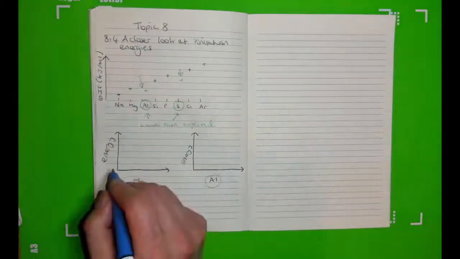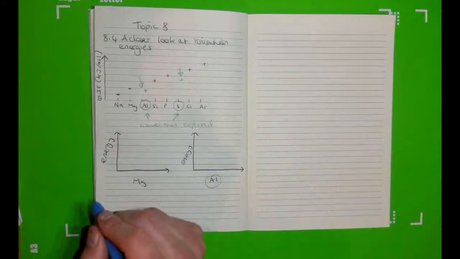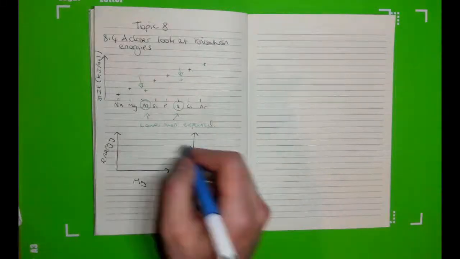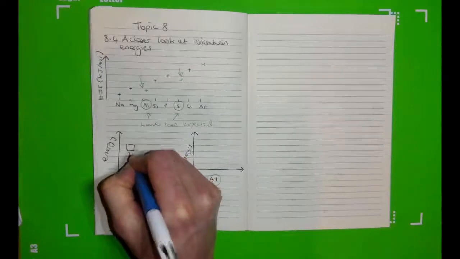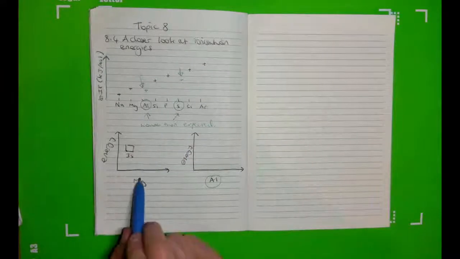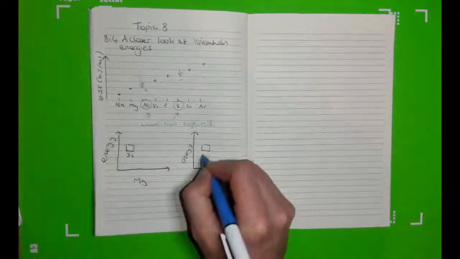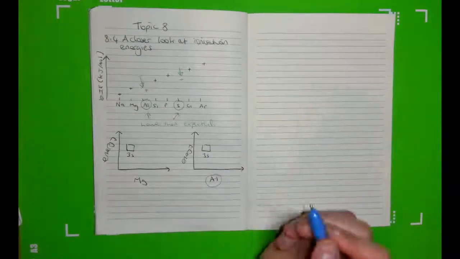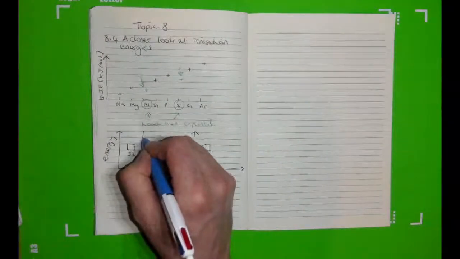So we can represent orbitals as boxes, and you can put 2 electrons in a box, or 2 electrons in an orbital. And if we say that this is the 3s orbital here, right, 3s. Obviously the 3s orbital in magnesium is going to be the same energy as the 3s orbital in aluminium, or any other element, to be honest. And we've got 3 3p orbitals.